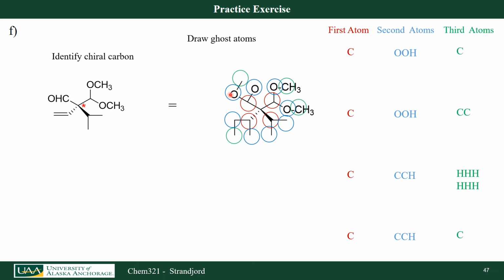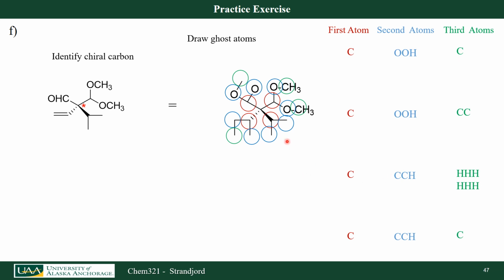So if I start over here on the left-hand side again, I notice I have a carbon attached here. And on this atom, on the oxygen, I have a CH, I have a C, and I have a C over here. So I've got 2 carbons over here. And so in this case, that's higher priority than this one. So this would be my number 1 priority. This would be my number 2 priority.